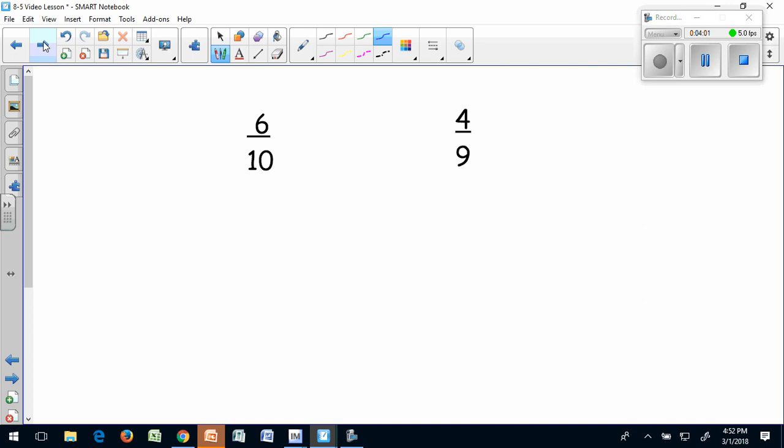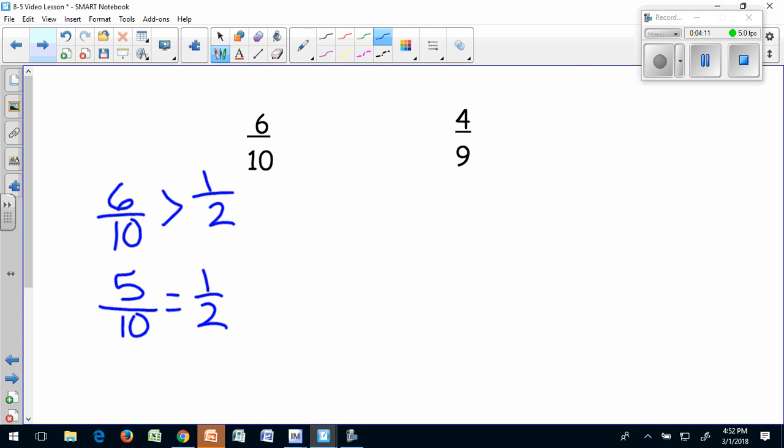So looking at the fraction 6/10, I know that it's greater than 1/2 because 5/10 is equal to 1/2, and 6/10 is a little bit larger than 5/10. I know that 4/9 is less than 1/2. And I know that half of 9 is actually 4.5.